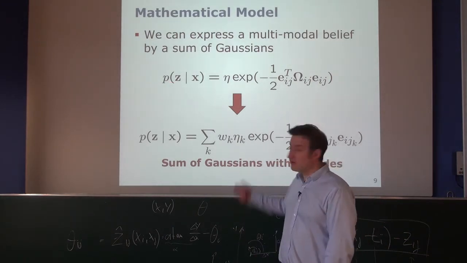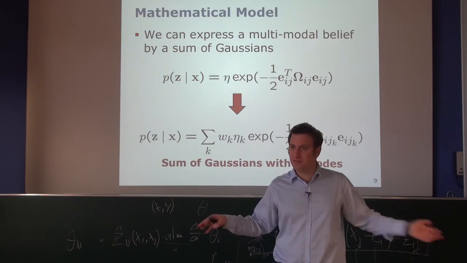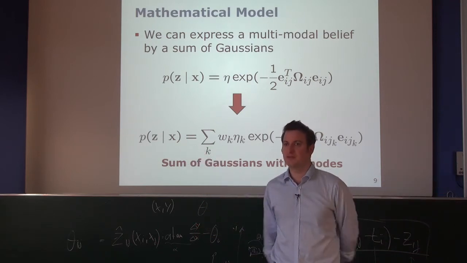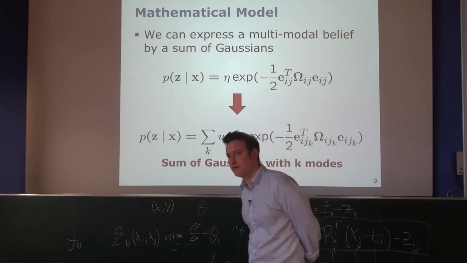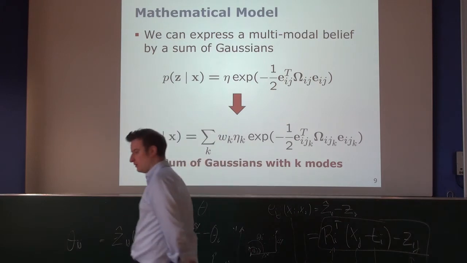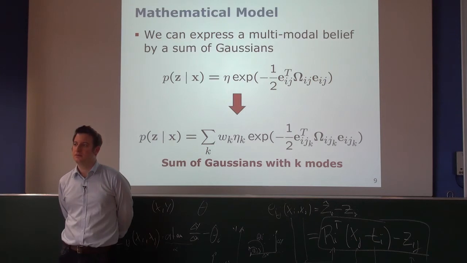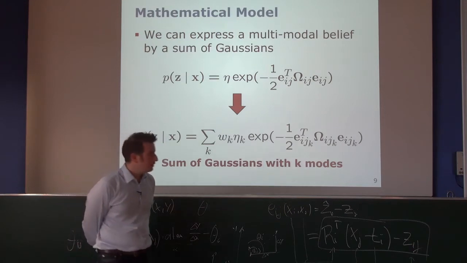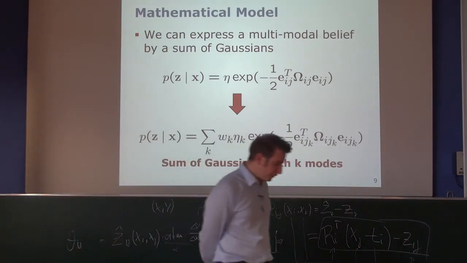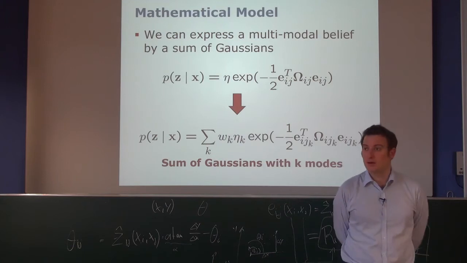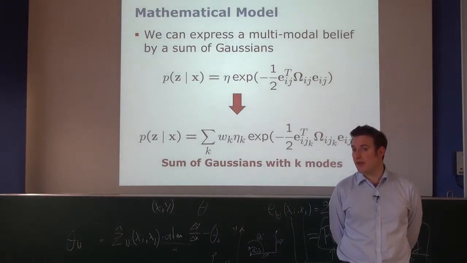So we don't have a single constraint, we have a number of constraints, right? 100,000, millions of constraints. How do we combine those constraints? If we minimize the squared error, what are we actually doing?